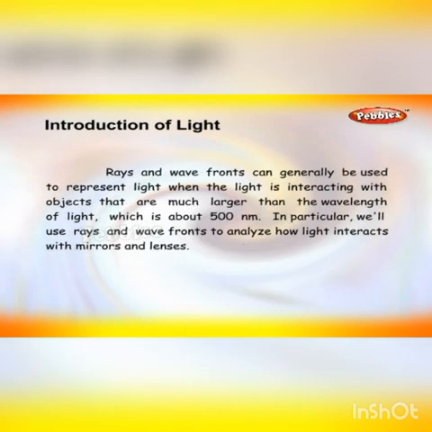Rays and wave fronts can generally be used to represent light when the light is interacting with objects that are much larger than the wavelength of light, which is about 500 nm. In particular, we'll use rays and wave fronts to analyze how light interacts with mirrors and lenses.